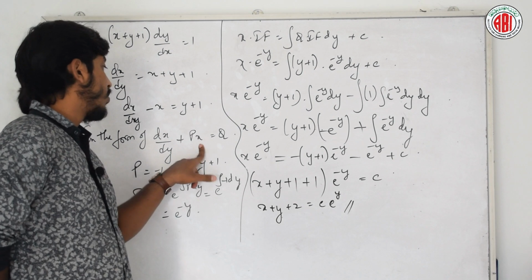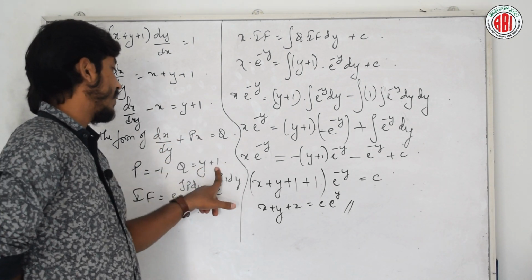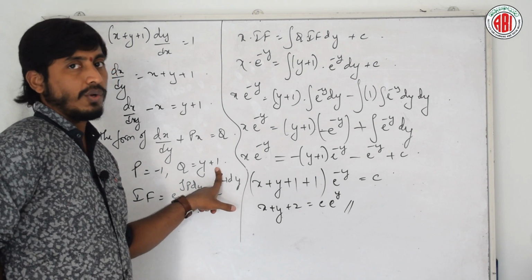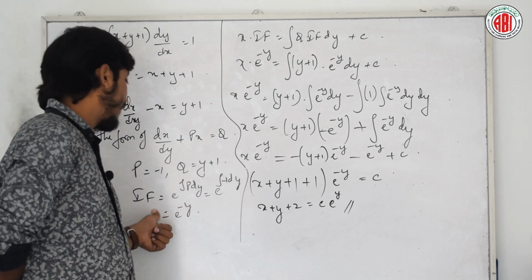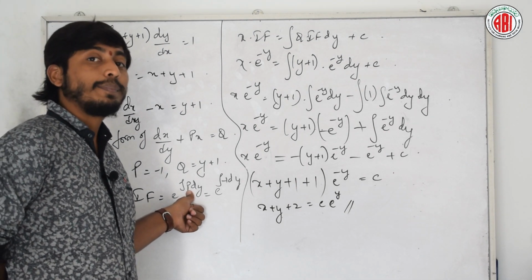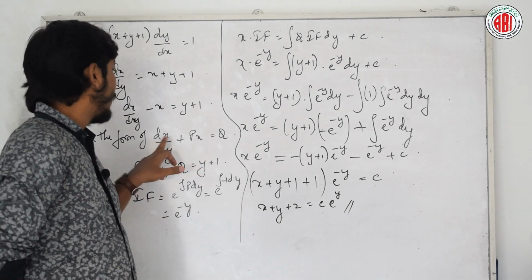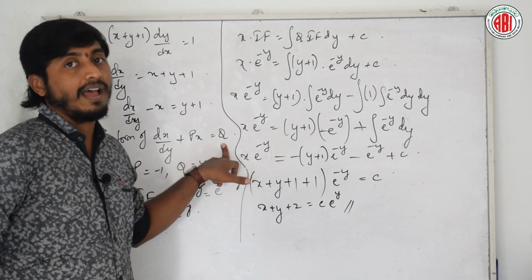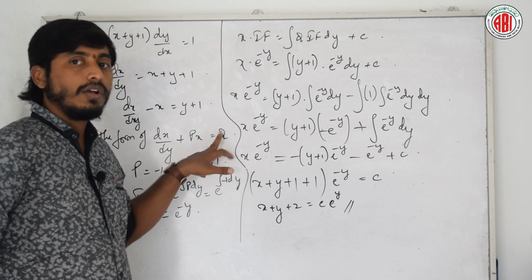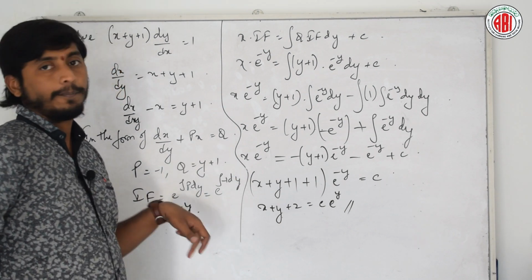So the coefficient of x is minus 1 here, that is p, and q is nothing but y plus 1. Is it okay? Finally, we have to find the integral factor, e power integral p dy. There we used to have p dx, right. Once again here p and q are functions of y. So integral p dy we will get as e power minus y.